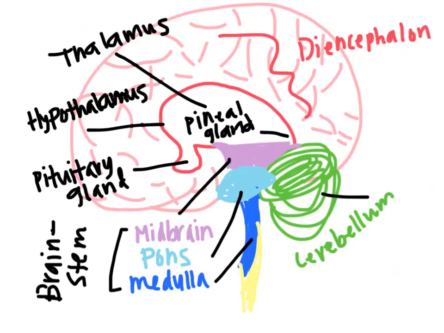The thalamus is the main input center for sensory information going to the cerebrum. The cerebrum is basically the whole pink part of this diagram. The hypothalamus is where the body temperature is regulated. It is the central biological clock, and it controls the pituitary gland.